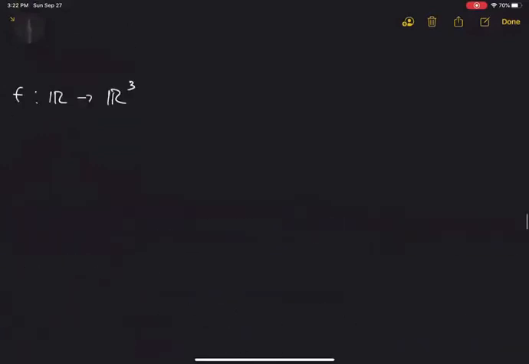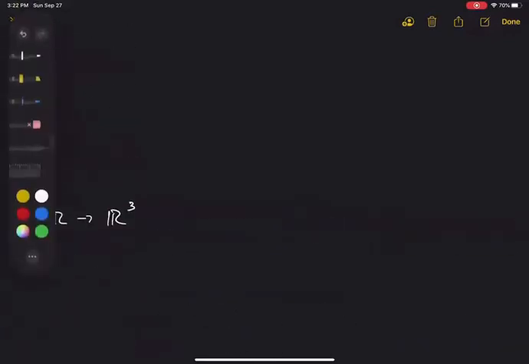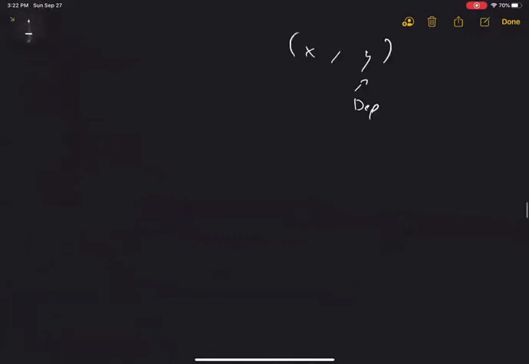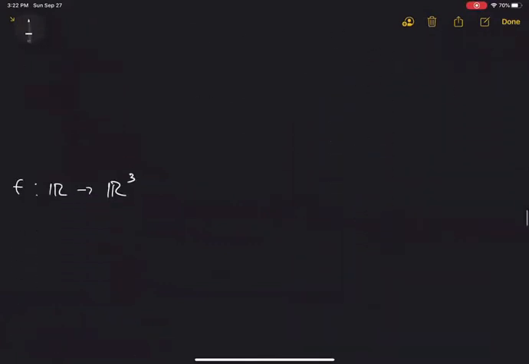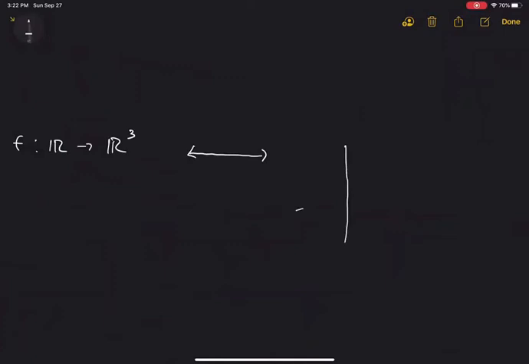What was going on with our stuff in chapter 13? Let's go down the list again: input, output, graph. What was my input here? My input was some number on the number line. And my output, those were points in R3.